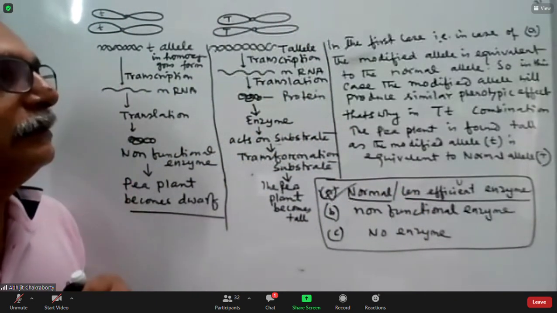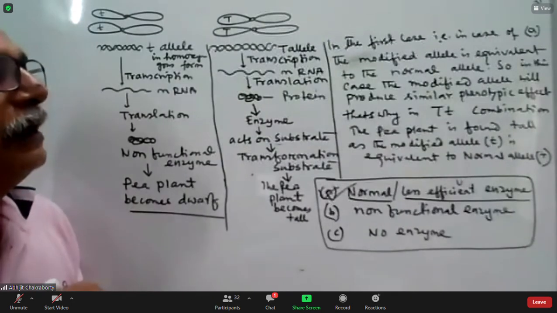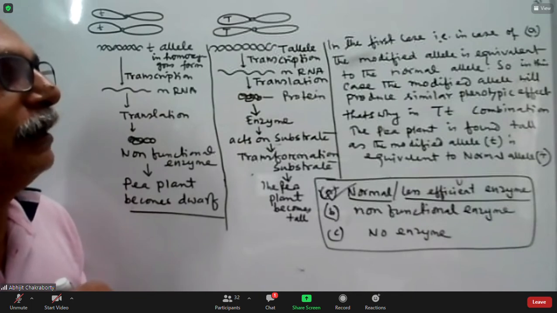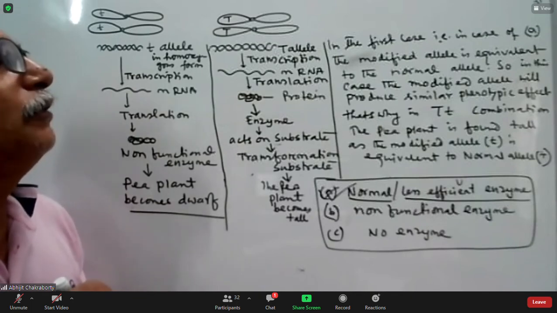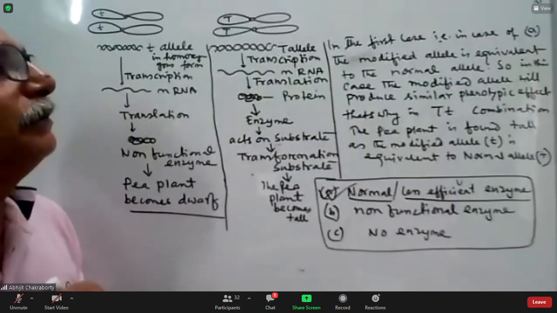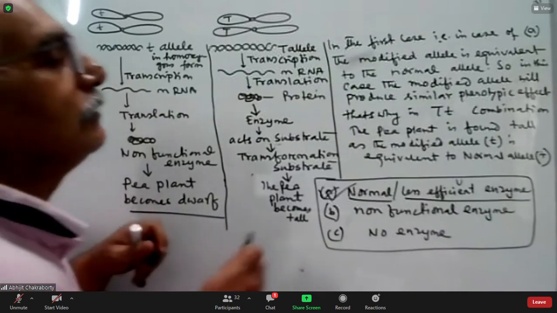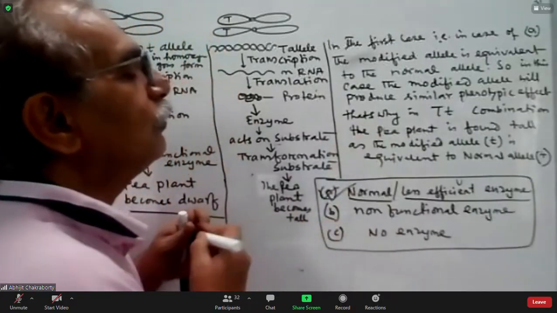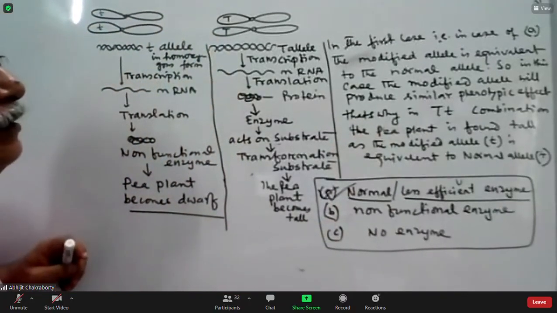Look at this. In the first case of A, the modified allele is equivalent to the normal allele. So in this case, the modified allele will produce a similar phenotypic effect. That's why in the Tt combination, the P plant is found tall, as the modified allele is equivalent to the normal allele.